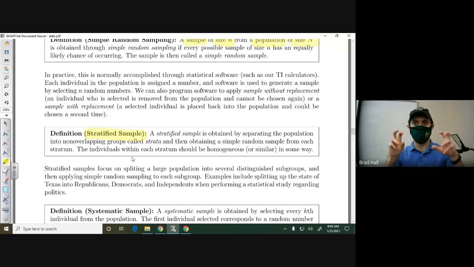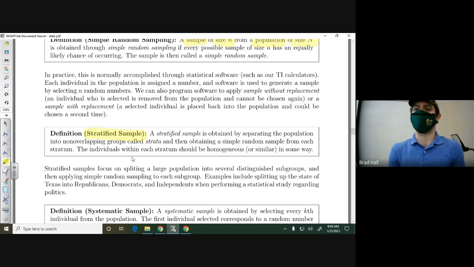So that's the strata in this case. The groups would be the political affiliations. You would want to interview Republicans individually, Democrats individually, independents individually, and then see from each one of those individual parties how they all individually think.